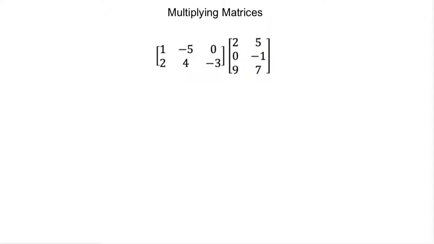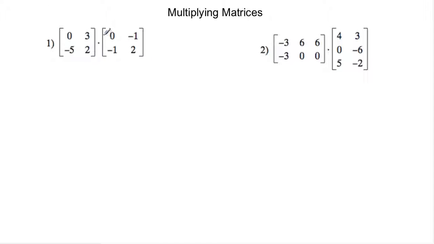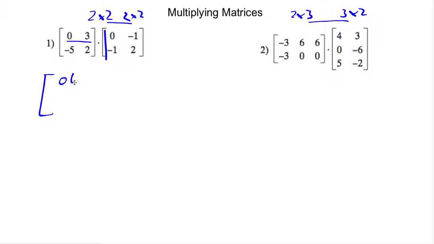If we look over here, these two, we can see this is a 2 by 2 matrix times a 2 by 2, which means we can multiply them together. This is a 2 by 3 times a 3 by 2, just like we just had. So because these values in the middle are the same, we can multiply. So here I do the first row times the first column to get 0 times 0 plus 3 times negative 1. And then the first row times the second column is 0 times negative 1 plus 3 times 2.